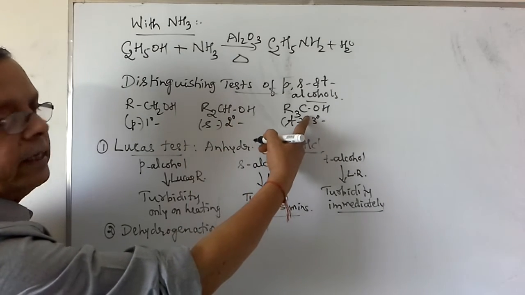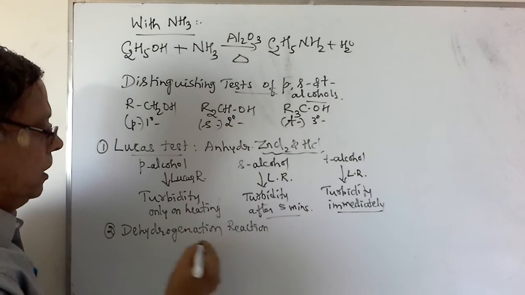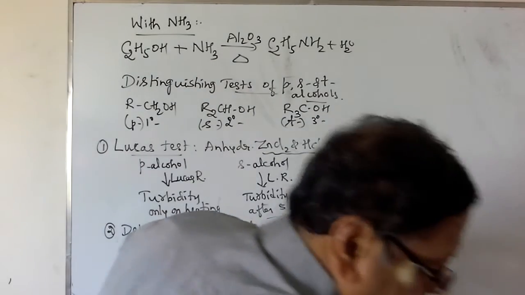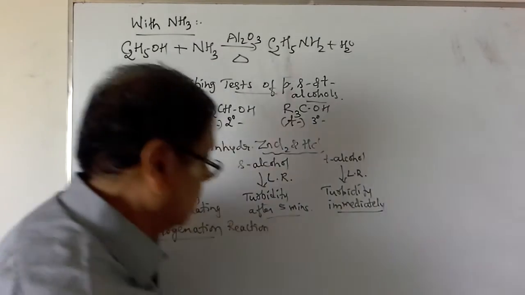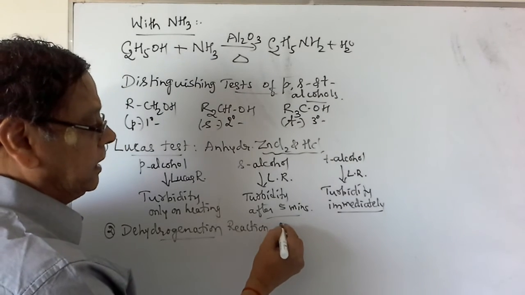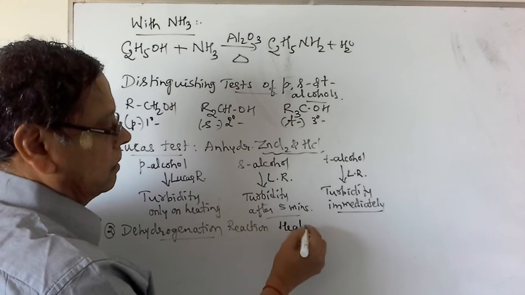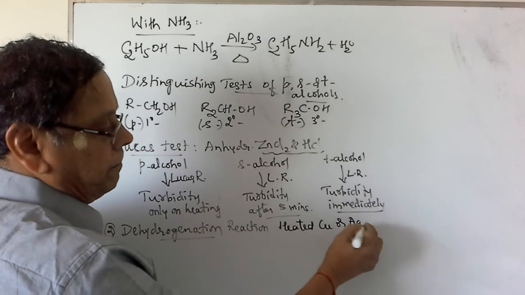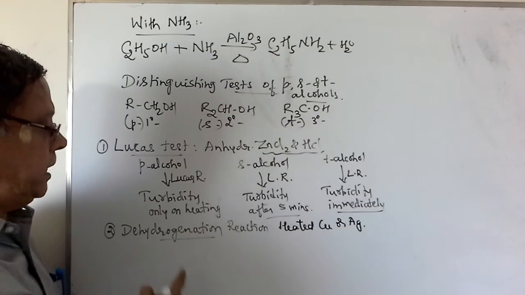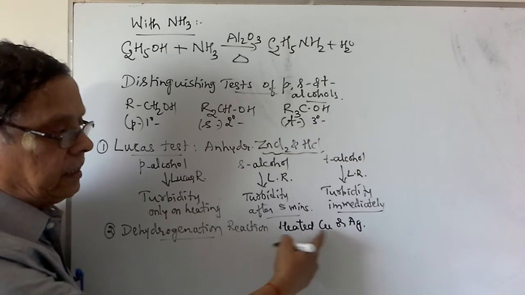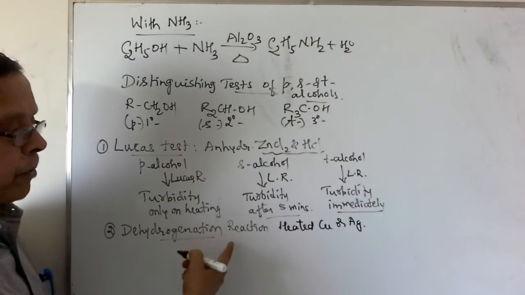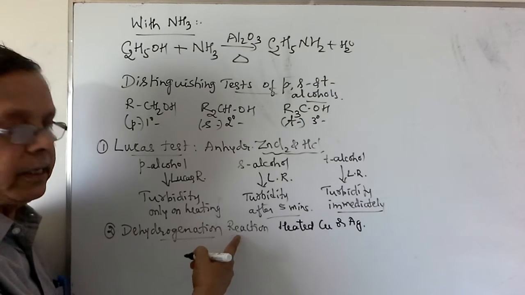Tertiary alcohols do not contain any hydrogen. So, the reagent used for the dehydrogenation is either heated copper or silver metal. When any alcohol vapor is passed over heated copper or silver metal, it gives rise to the product by the dehydrogenation reaction.